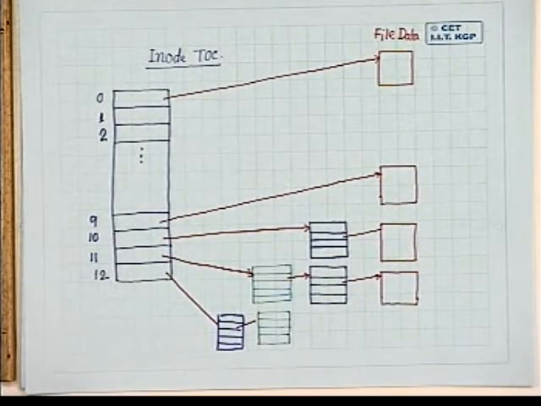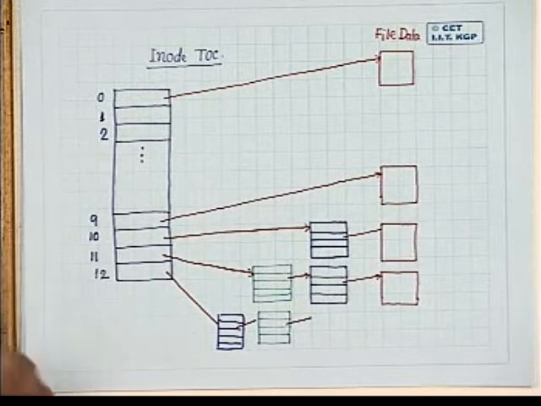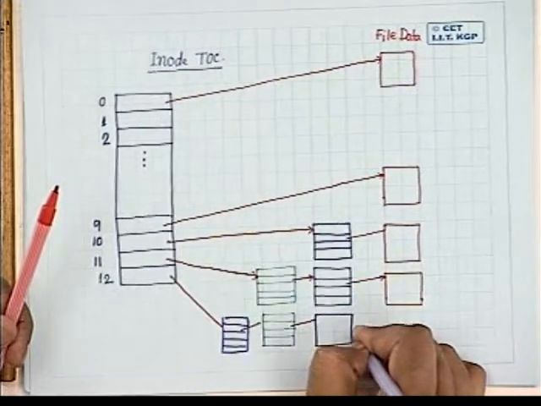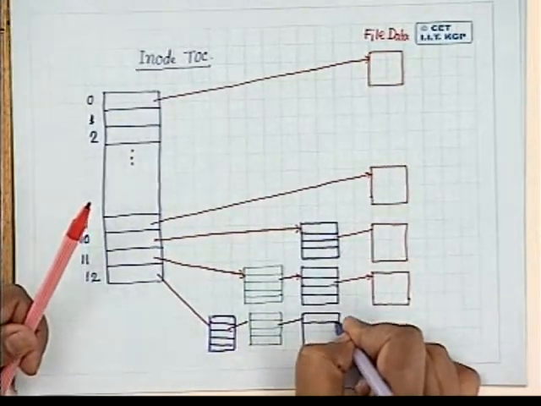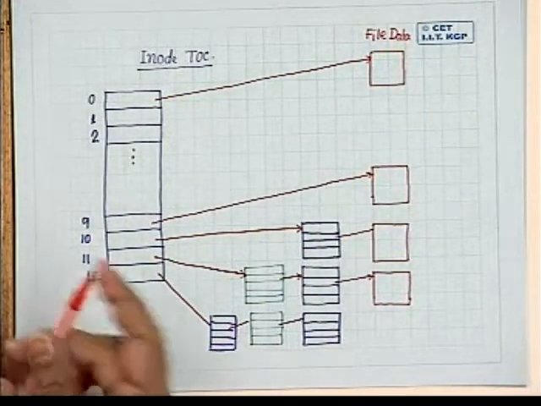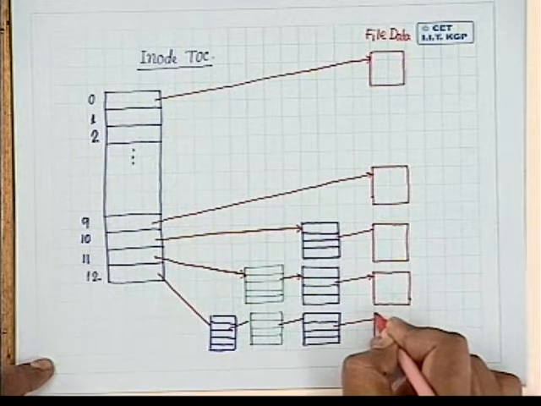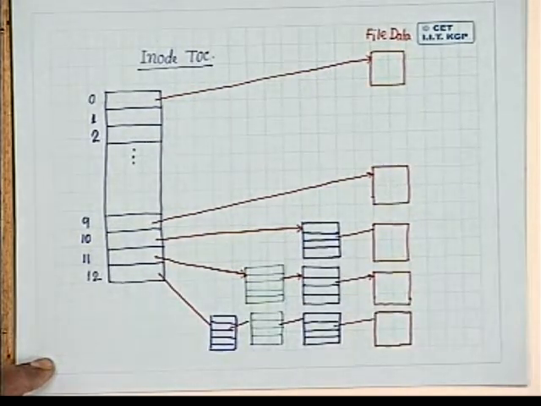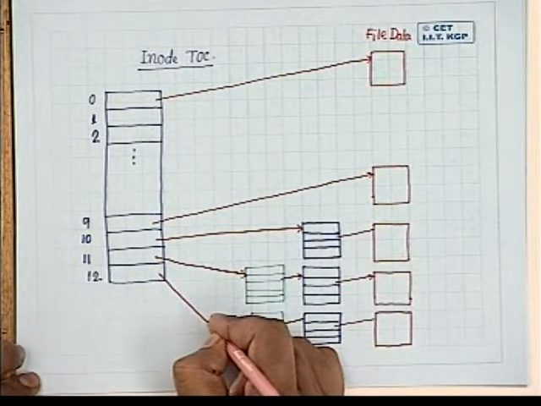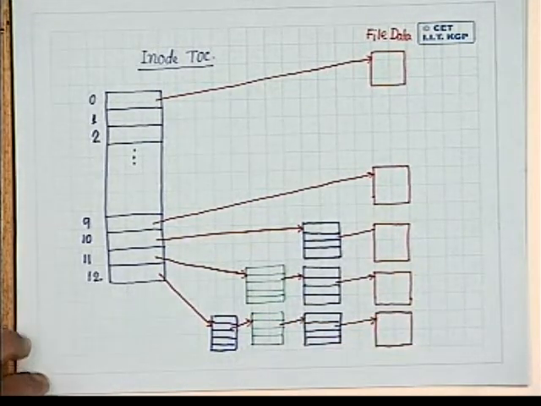Each of them will point to again a set of blocks which again will contain a set of pointers. Like this. Okay. And finally, these pointers point to blocks which contain the file data. Right? So this is what is meant by direct pointer, single indirect pointer, double indirect pointer, and triple indirect pointer.